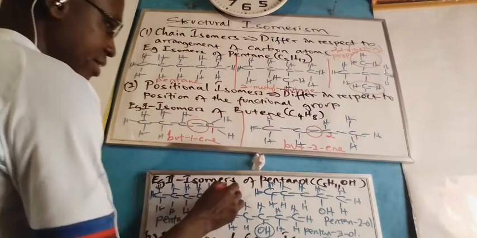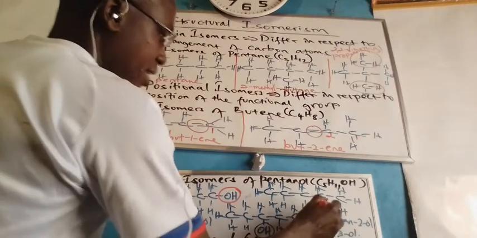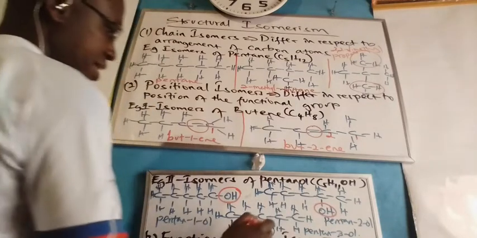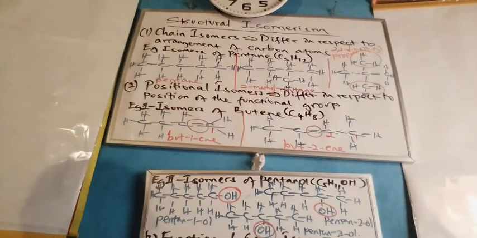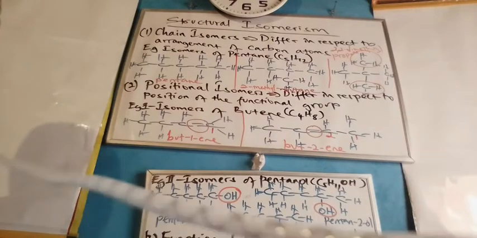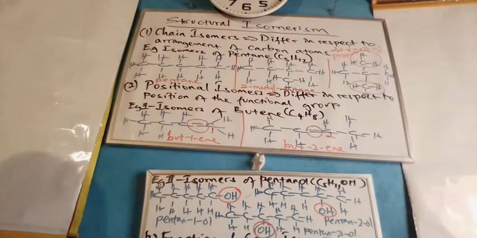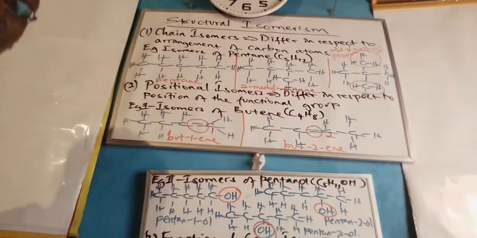In conclusion, therefore, we can say that pentanol can exist in 3 isomeric forms as pentan-1-ol, pentan-2-ol, and pentan-3-ol. Remember, these are positional isomers which differ in respect to the position of the functional group.